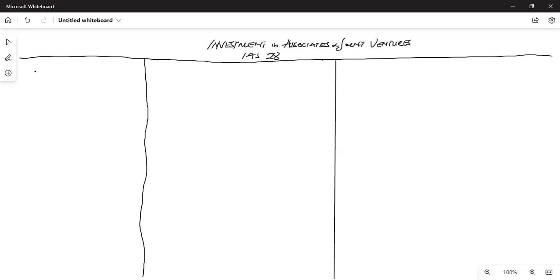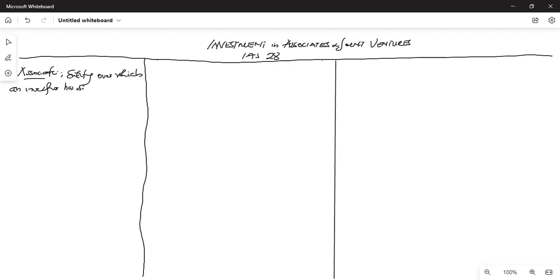So here I'm going to do some explanations for you. When we say an associate, all that we mean is that it is an entity in which an investor has what we call significant influence.